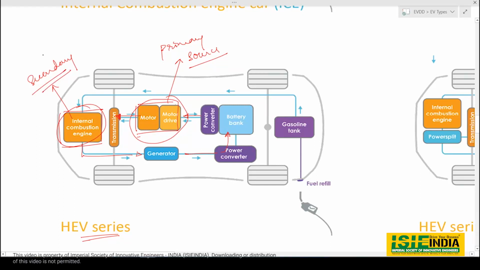So the motor will be of higher power as compared to the engine, because the engine is responsible only to recharge the battery pack and nothing else, whereas the motor is responsible to drive the vehicle, right?